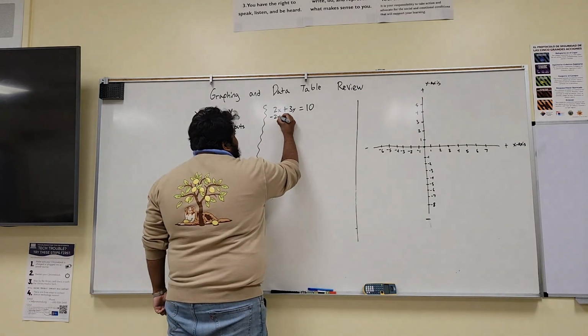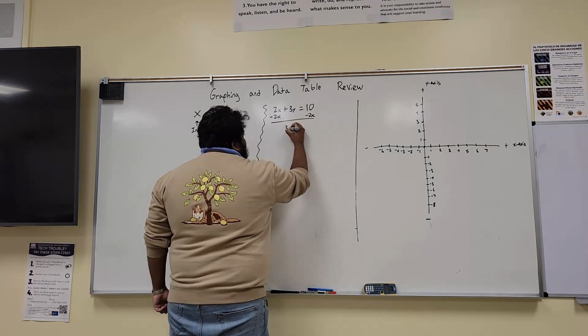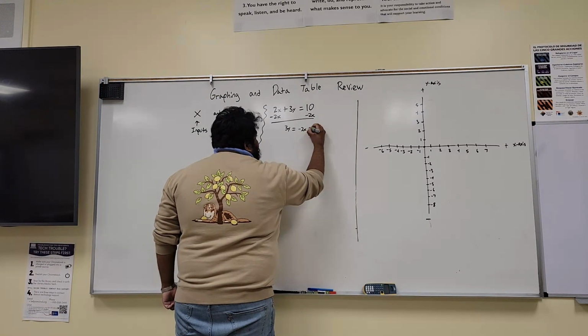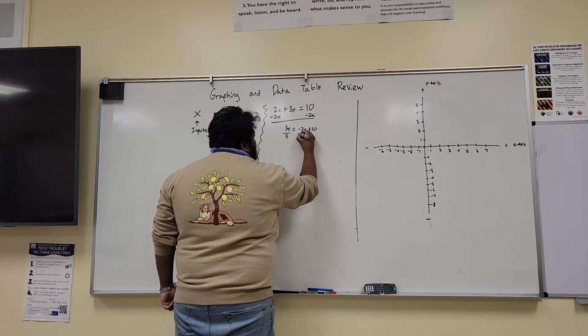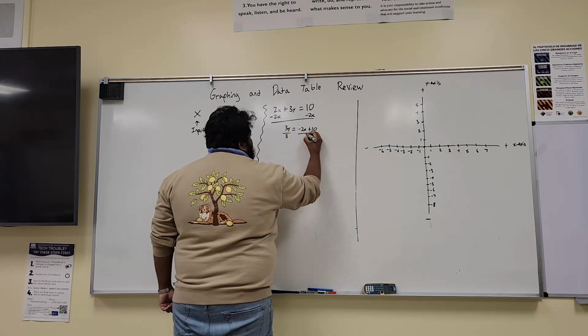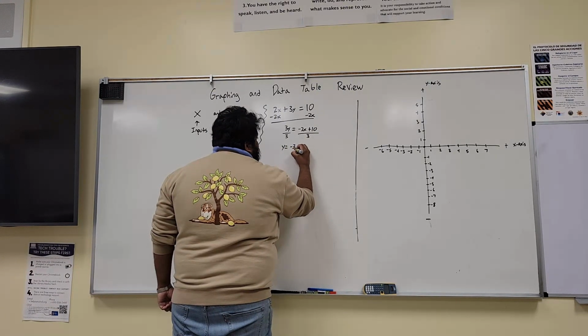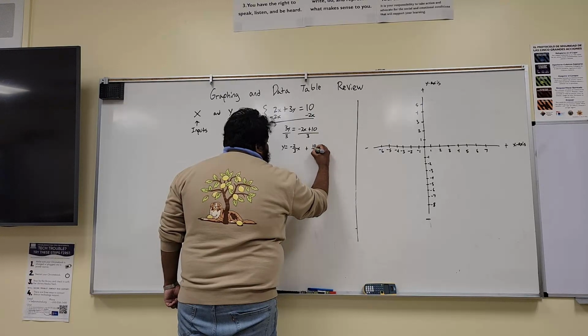So subtract 2x from both sides. That'll give us 3y is equal to minus 2x plus 10. And then we'll divide everything by 3. And we get that y is equal to negative 2/3 times x plus 10 over 3.